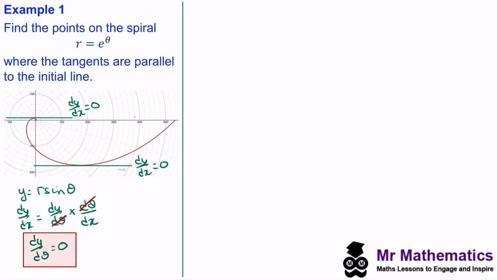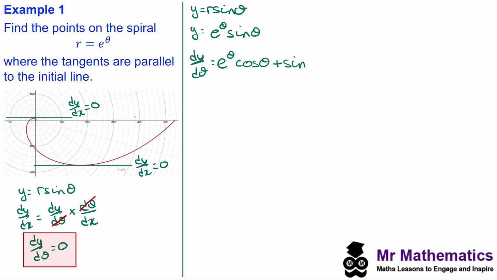Okay? So if we start with y equals r sine theta, and we can substitute this in place of r, then we have y is equal to e to the theta sine theta. And we need to find dy by d theta. And we can do this by using the product rule. So u will equal e to the power of theta. We'll differentiate sine theta, and we get cos theta, plus v, which is sine theta, du, which is e to the theta.